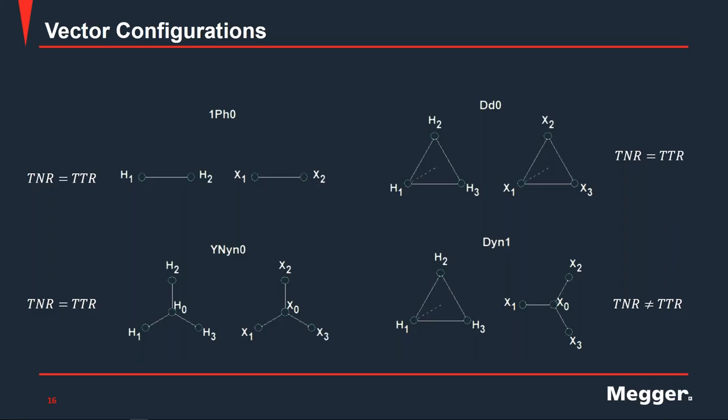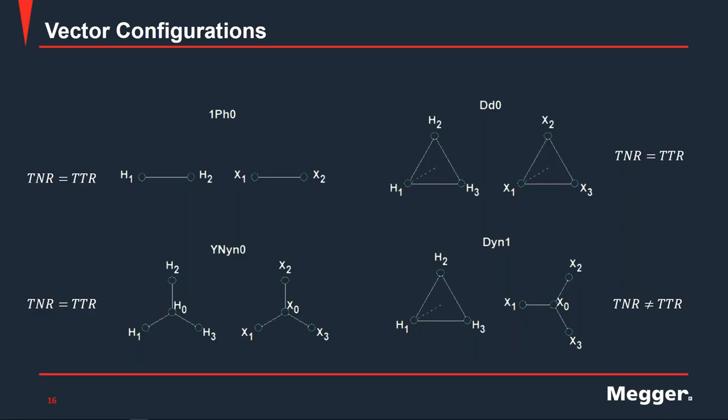And for a delta-delta configuration, as most of you may know, for a delta winding configuration, the line-to-line voltage would be the same as the phase voltage. So a transformer nameplate ratio for a delta-delta would be the ratio of the primary line-to-line voltage to the secondary line-to-line voltage, which would be the same as the ratio of the phase values.